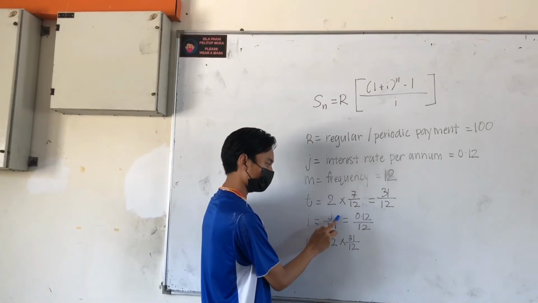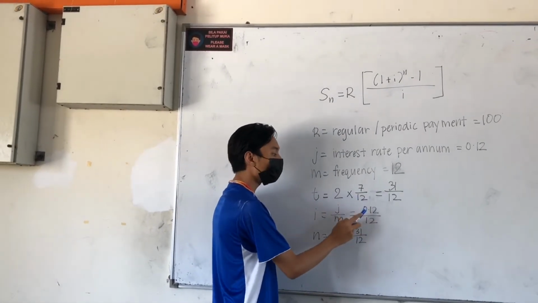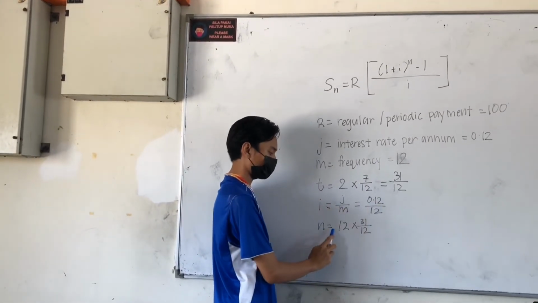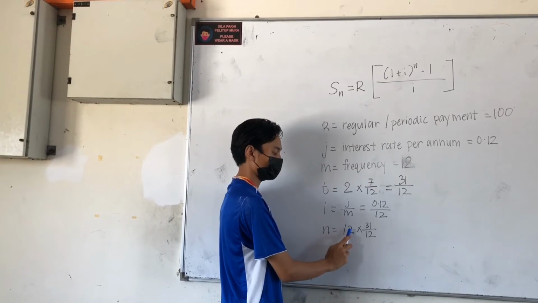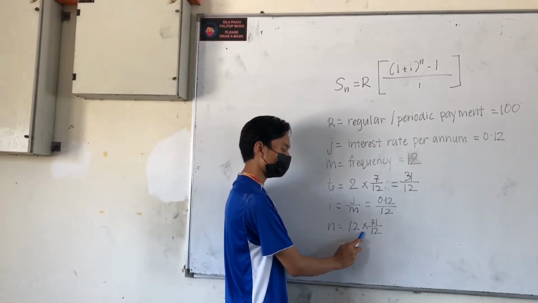To find i, the formula is J divided by m, equals 0.12 over 12. n is the number of periodic payments. To find n, the formula is mT, which is 12 times 31 over 12.